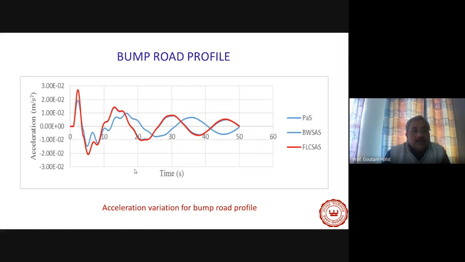The only thing is that the initial acceleration is a little bit higher than the passive damper. Here only one mistake is that this one is the passive damper, and both Barwen and the fuzzy logic control damper are overlapping on one another. But there is a problem here.